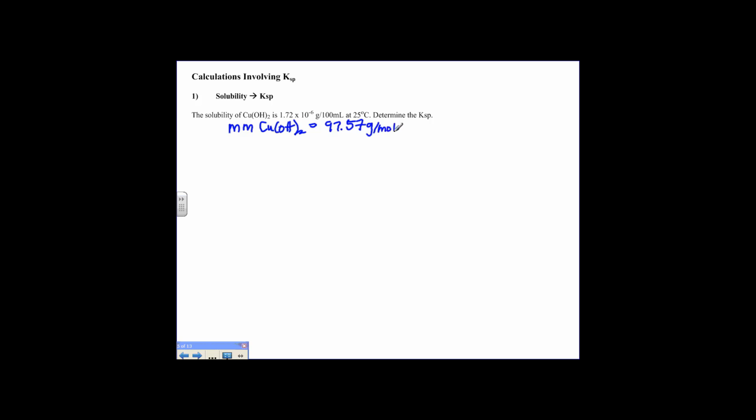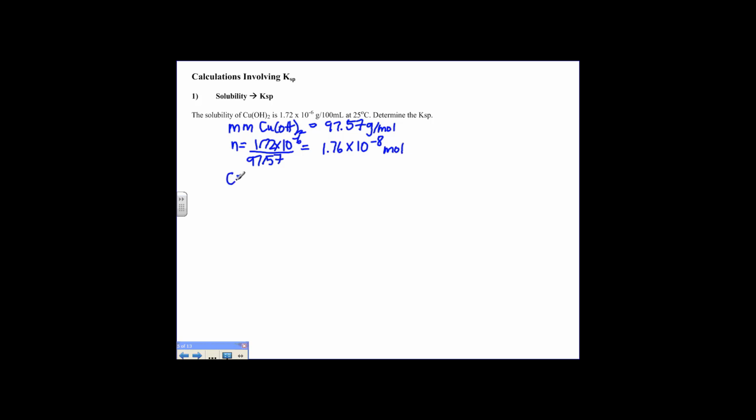And what we have here is a solution where 1.72 times 10 to the negative 6 grams of this is dissolved in 100 milliliters. So we can determine the moles by doing moles is equal to mass divided by molar mass. So the moles that we have here is 1.76 times 10 to the negative 8.